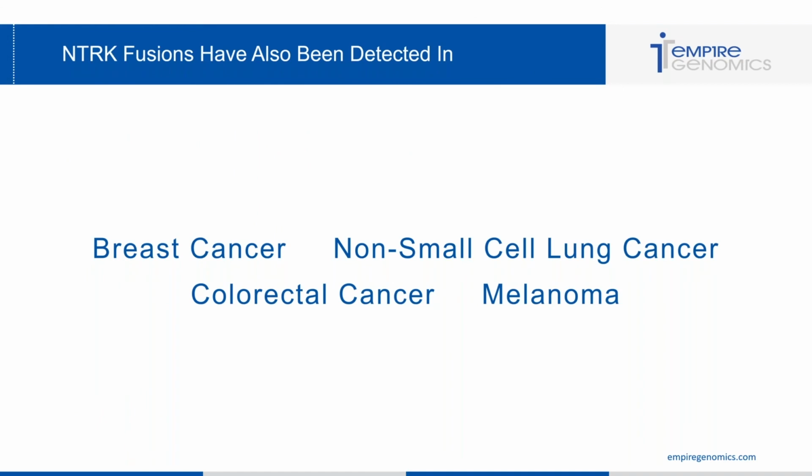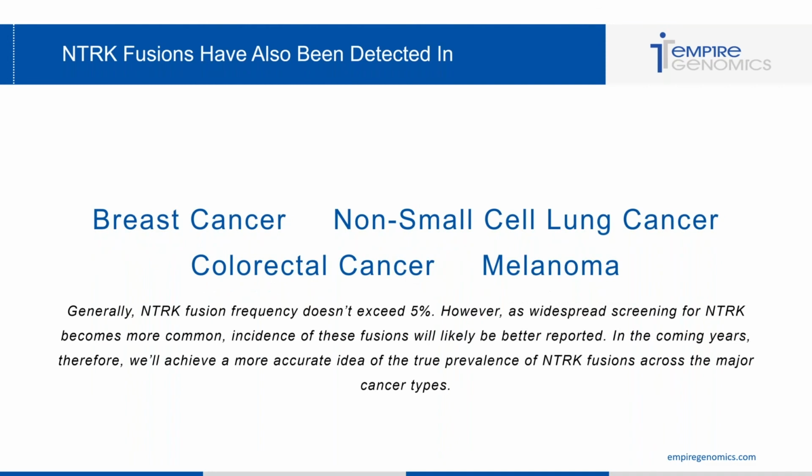NTRK fusions have also been detected in breast cancer, non-small cell lung cancer, colorectal cancer, and melanoma. NTRK fusion frequency does not exceed 5% for these types of cancers as of now. However, as widespread screening for NTRK becomes more common, the incidence of these fusions will likely be better reported.